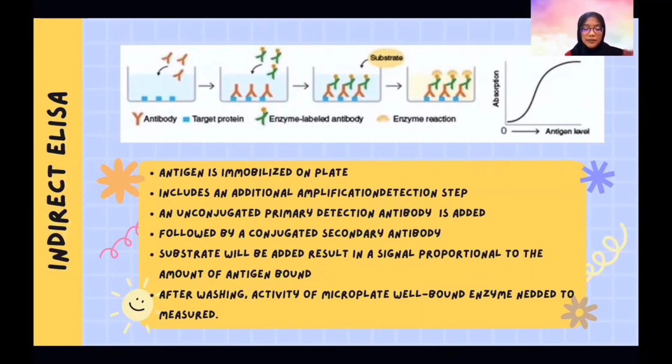The primary antibody is then followed by a conjugated secondary antibody directed towards the primary host species. Substrate will then be added, resulting in a signal proportional to the amount of antigen bound in the well. Finally, following washing, the activity of the microplate well-bound enzyme has to be measured.